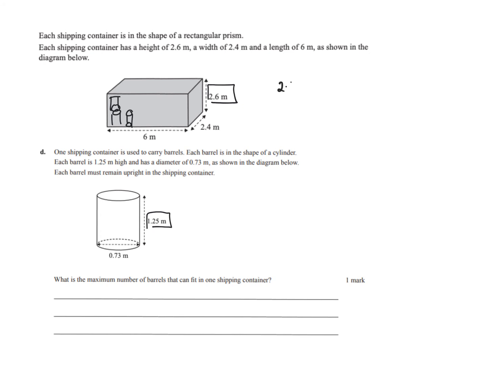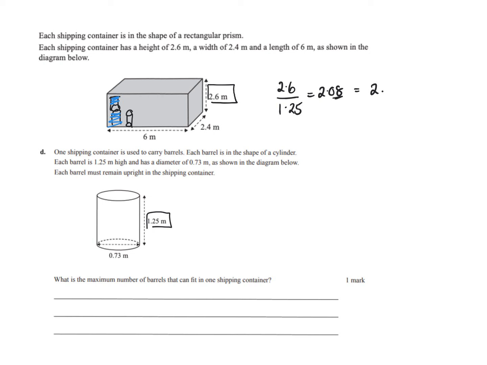So if we do 2.6 divided by 1.25, what do we get? Okay, we get 2.08. So we've got to round down because we're not going to have a lid. So we know we can get two stacked on each other.